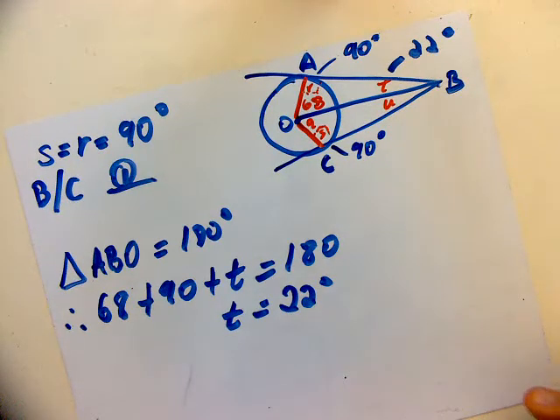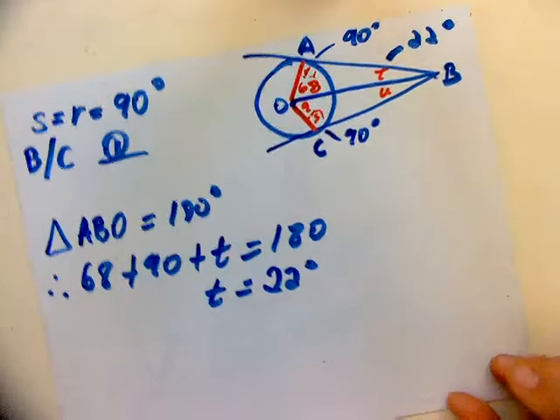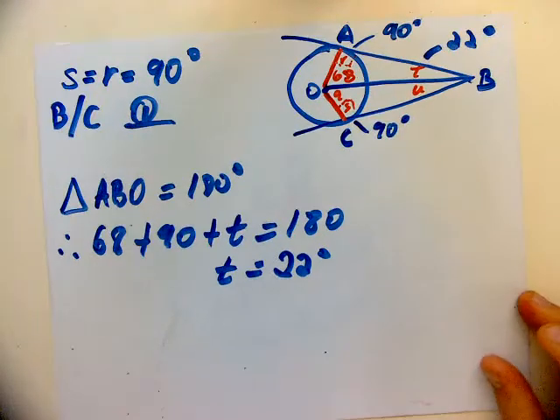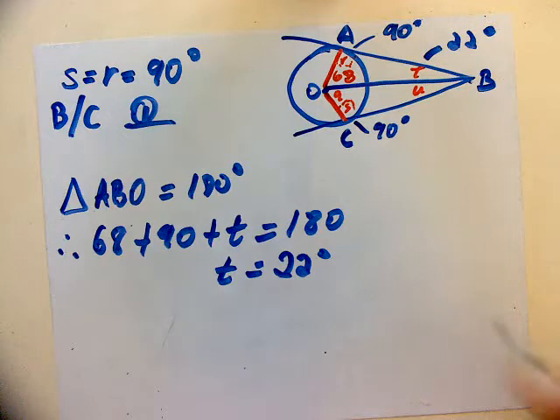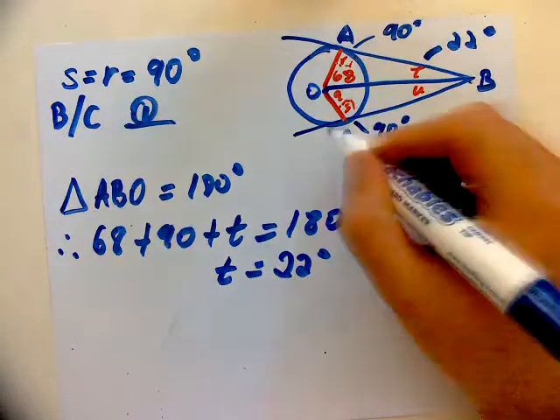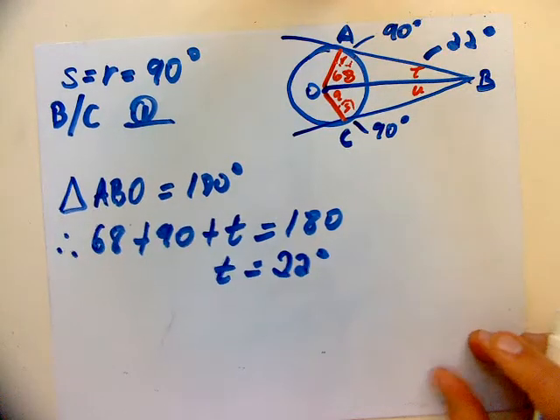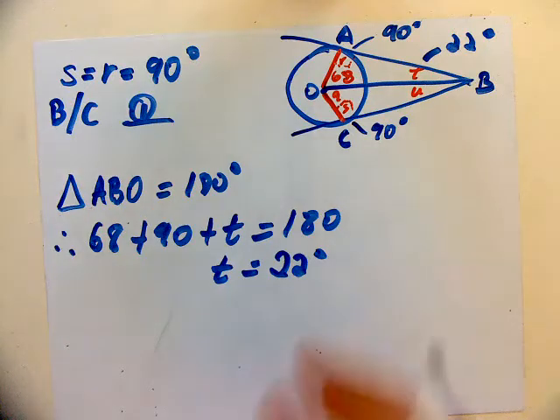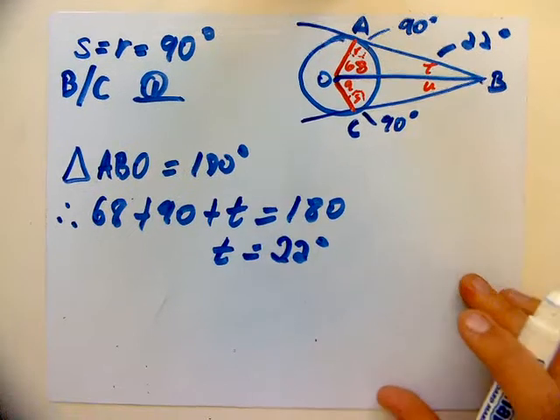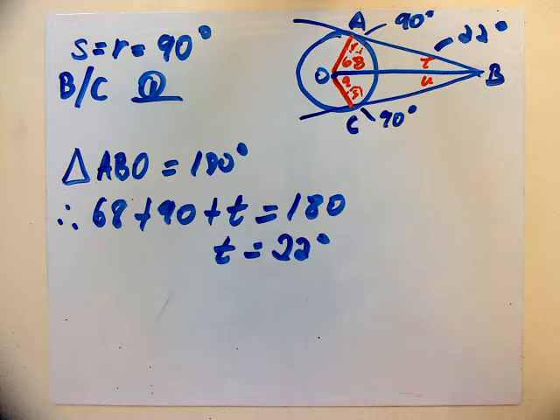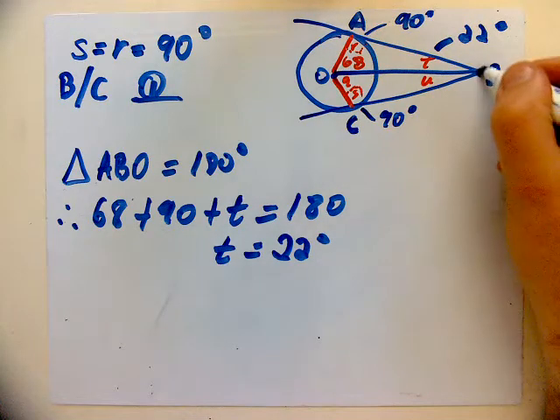Pretty straightforward. Now, this is where our theorem comes into play. ABC, so this whole triangle here, is formed by two tangents. So thinking back to our theorem 5, we need two tangents. We've got that, and they're meeting at the exact same point, at the vertex B, right here.